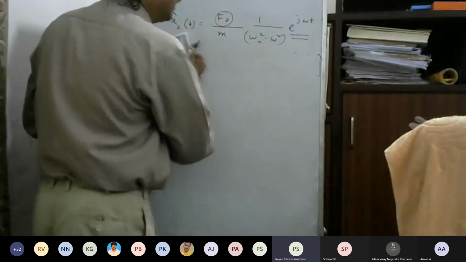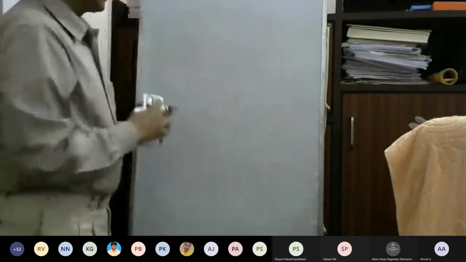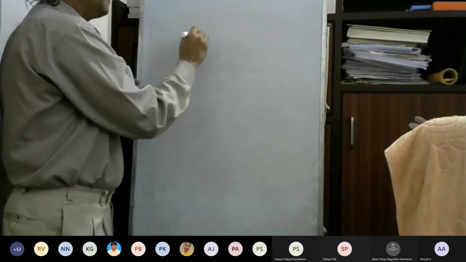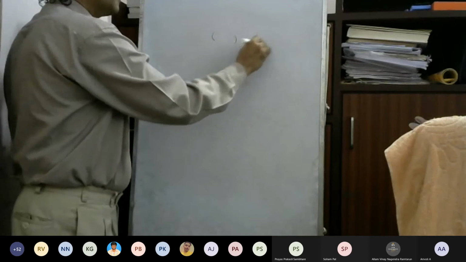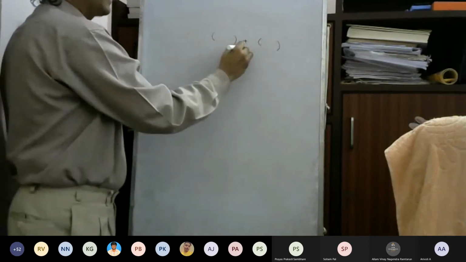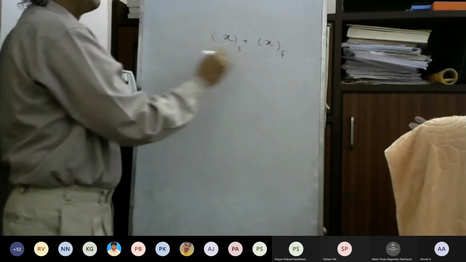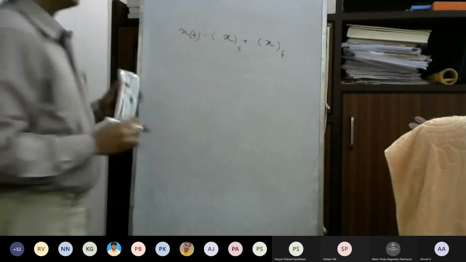Yes, of course. This is only for the linear system, because in the linear system the superposition holds. So x_s and x_f, these two superpose to give the response x(t).